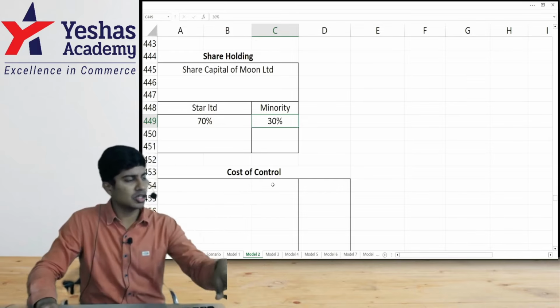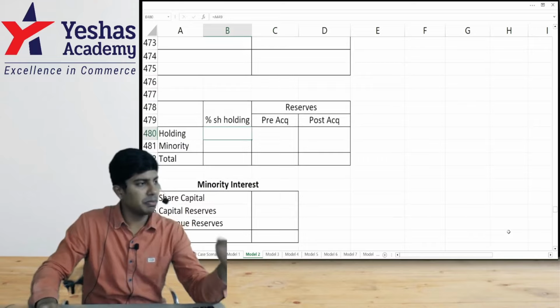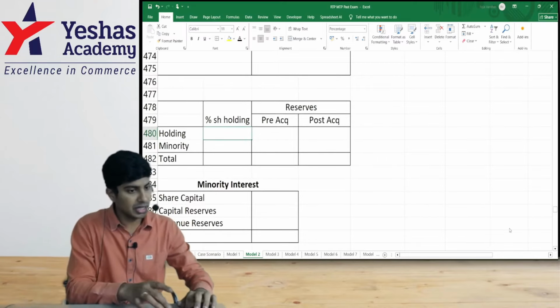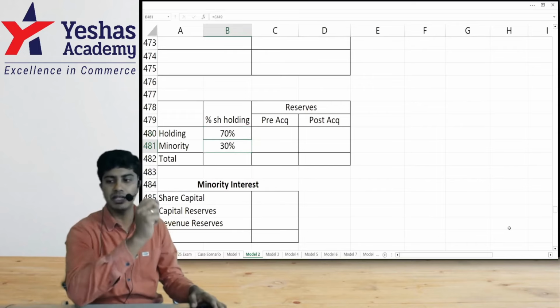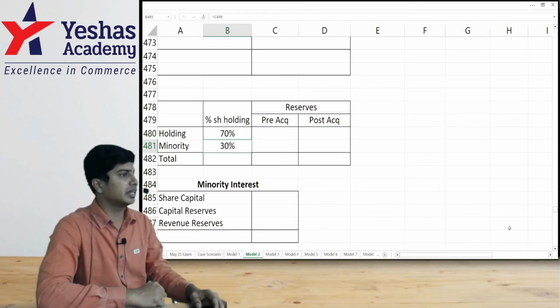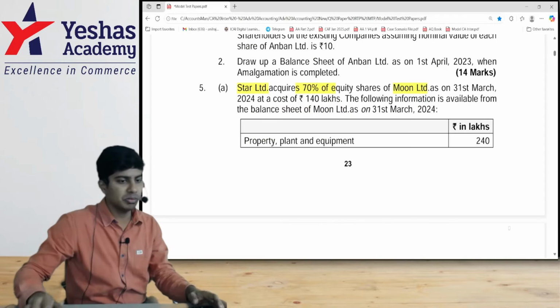And later, in cost of control computation, I would need reserves. Reserves have to be split between holding and minority after we split it into pre and post. There again, the ratio is 70% and 30%. So the moment I pick the information that I need, I'll post it to the place where I need to write it. And only then I'll proceed to the next piece of information. Shall I get back to the question and read the next piece of information?